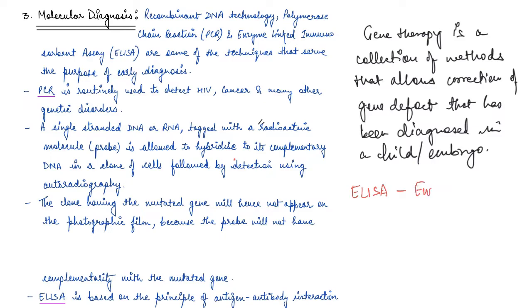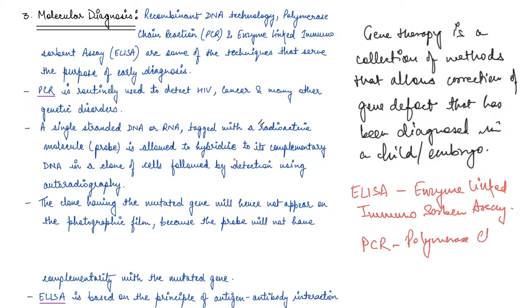And this is enzyme linked immunosorbent assay. In the same way, we have PCR. PCR is also done. Polymerase chain reaction, right? So these are some techniques which basically help in early diagnosis.